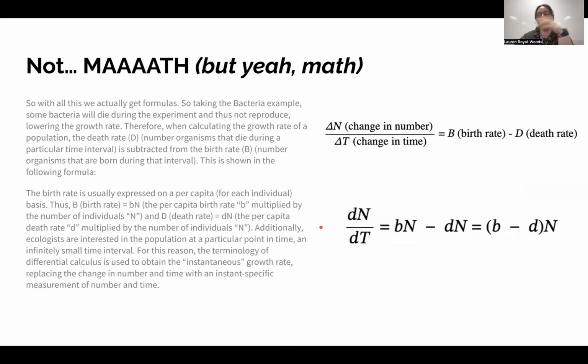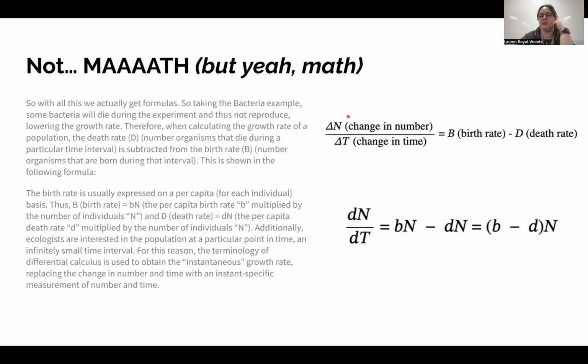So we get formulas for this. If we take the bacteria example, some bacteria will die and not reproduce. So to figure out the formula for organisms that die, organisms that are born, and how the population is changing, you'll get this formula right here. You take the birth rate minus the death rate, because you have to account for those things. And N is always population.